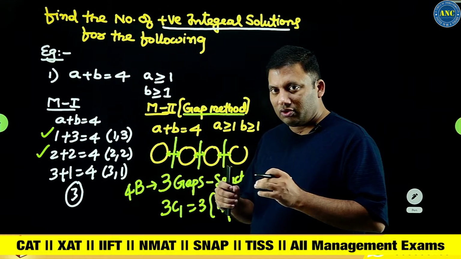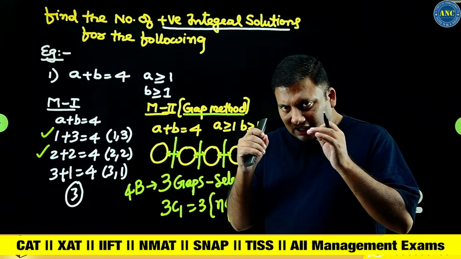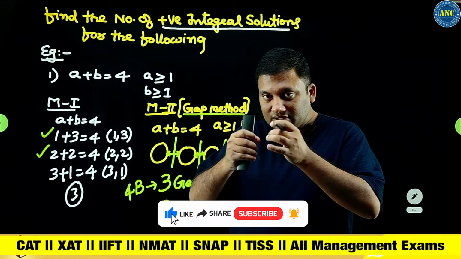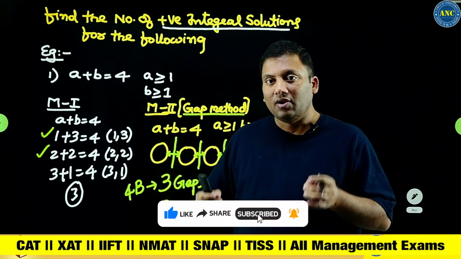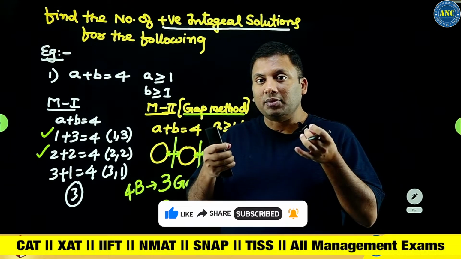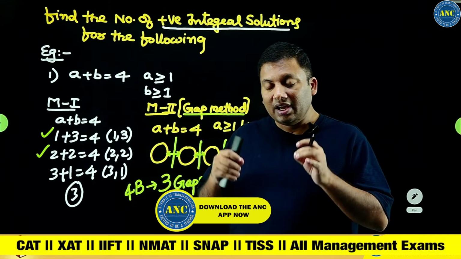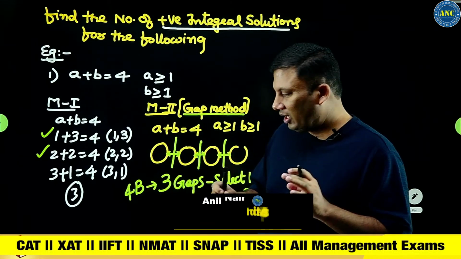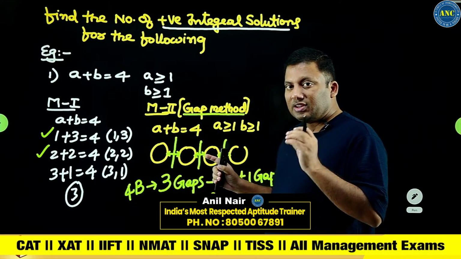So what we will do is, whatever the numerical value on the right hand side, we will assume it as balls. On the left hand side, however many variables are there, that many buckets we will consider. I have to arrange these balls into buckets. If I keep 4 balls, there are 3 gaps.